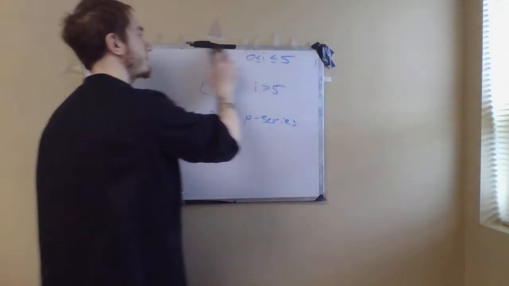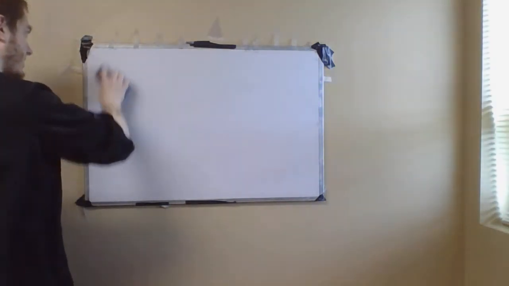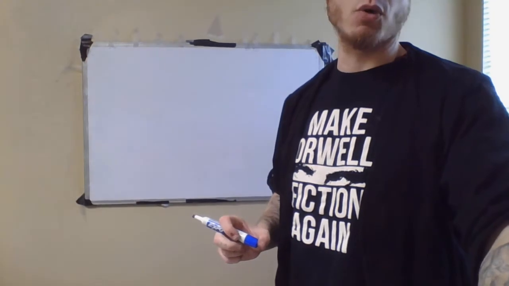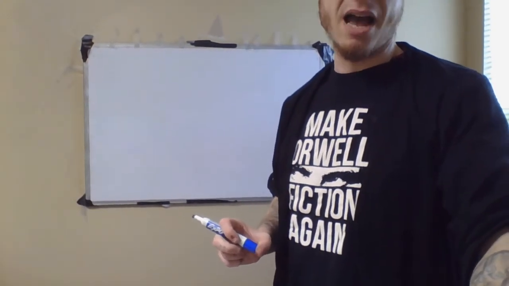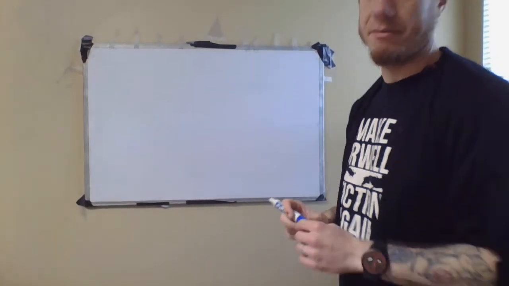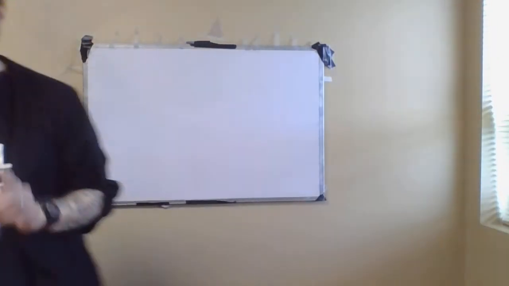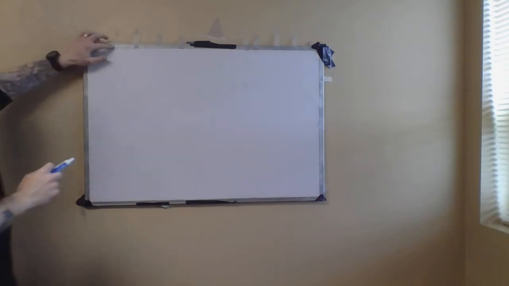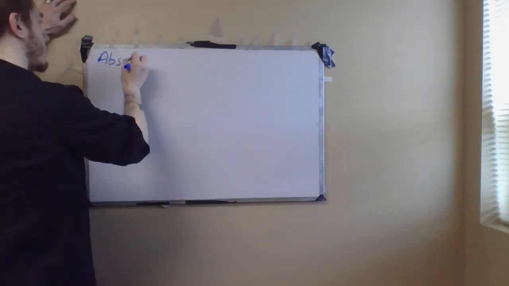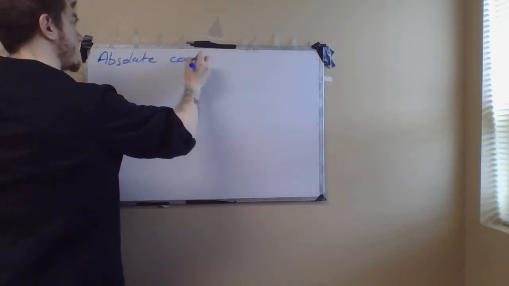Okay, so what I want to focus on today, and I'm going to do things a little bit out of order from the book here, because I really think that this order makes more sense. In fact, I'm not too happy with the order that the book does these things in. So the thing I want to look at now is something called absolute convergence.